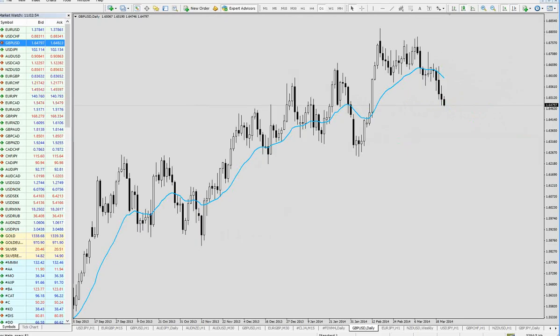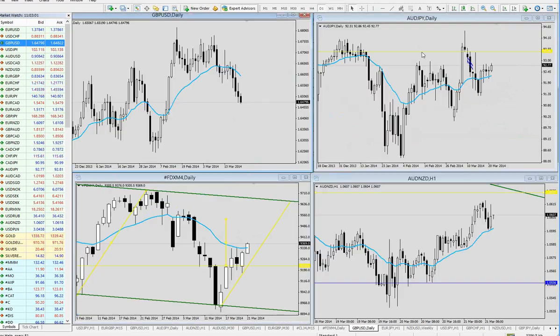So for sure I'm going to watch British pound as well. But today I'm going to focus on Aussie Kiwi, Euro Aussie, and Canadian versus Swiss franc, Euro, and British pound. With British pound we are falling right now already. But anyway, I don't want to take it.